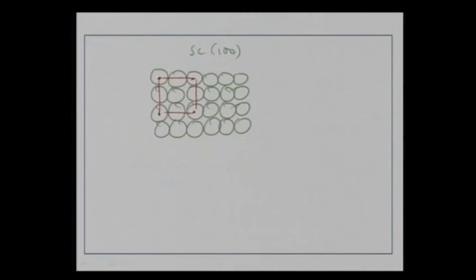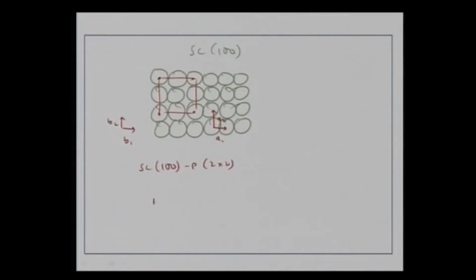In this particular case I know that it is forming a simple cubic 100 surface, and I am defining my primitive lattice of 2 by 2. Similarly, I define the adsorbate directions as B1 and B2, and the initial directions as A1 and A2 of the initial crystal surface, the surface of the substrate.